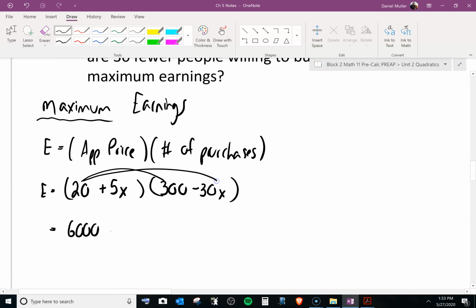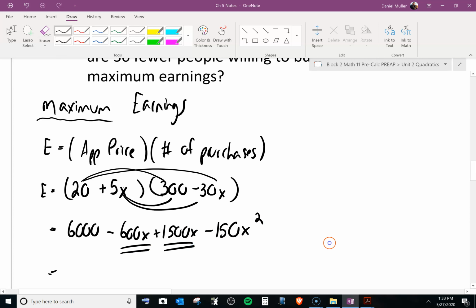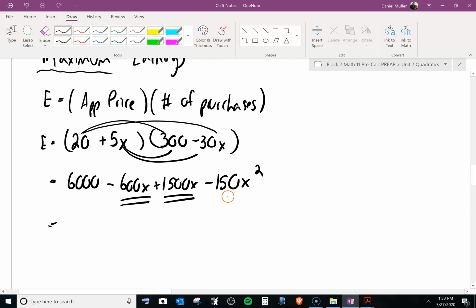And then minus 600x, and then this would be plus 1,500x minus 150x squared. So these are like terms, the x's. I'm going to write the negative 150x squared out in front, and then these can combine to, I think, 900x, and the 6,000 will go at the end.